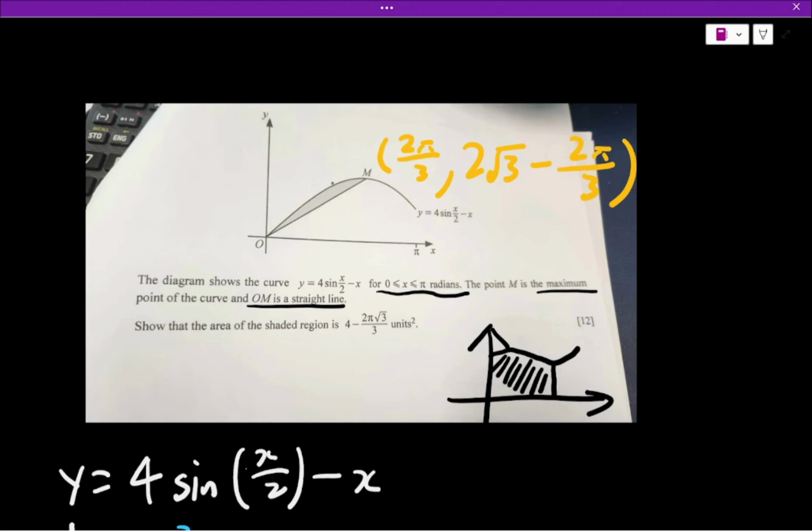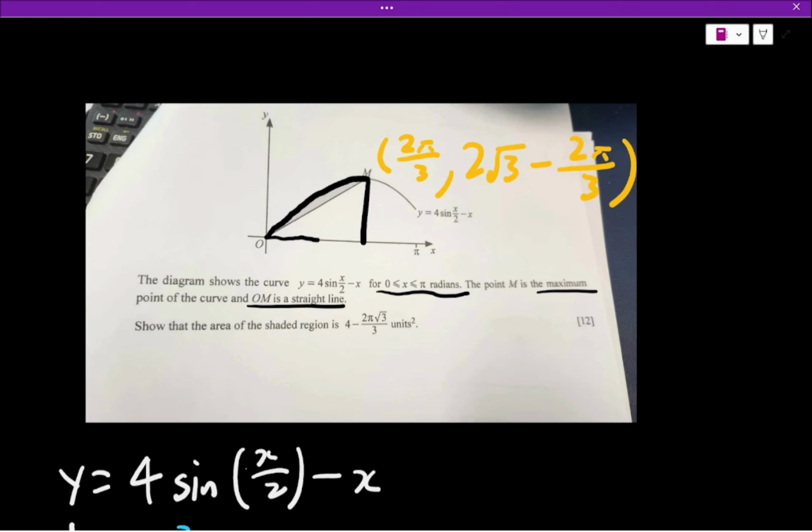It's between two different lines. It's between this curve and this straight line. So what should we do? Well, what we can do is this. Take a look at the integral of this region right here.